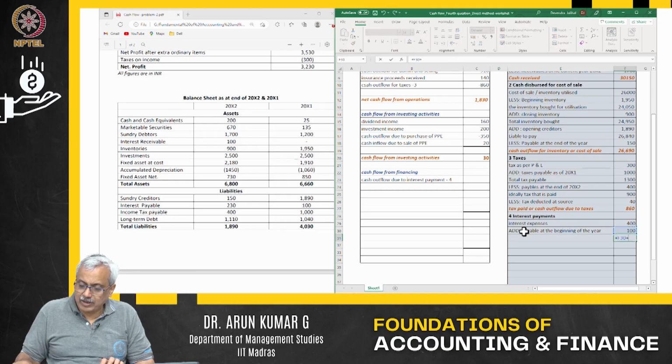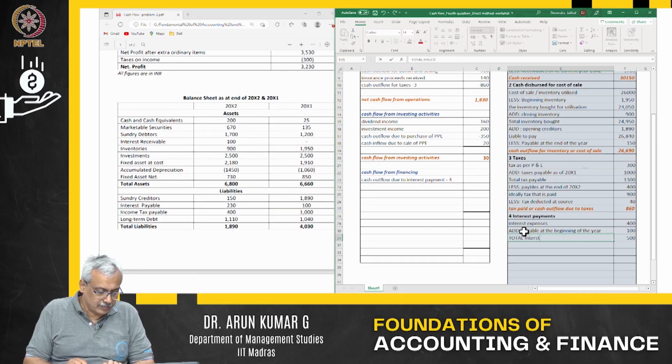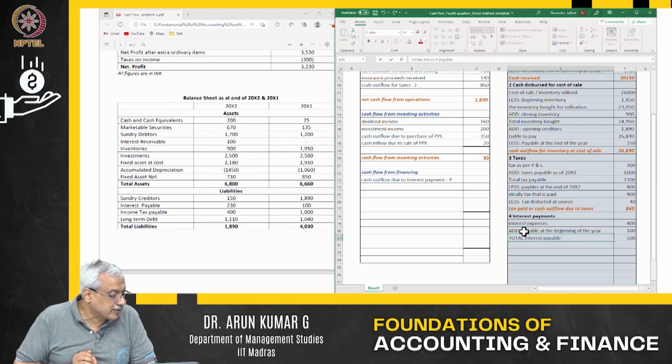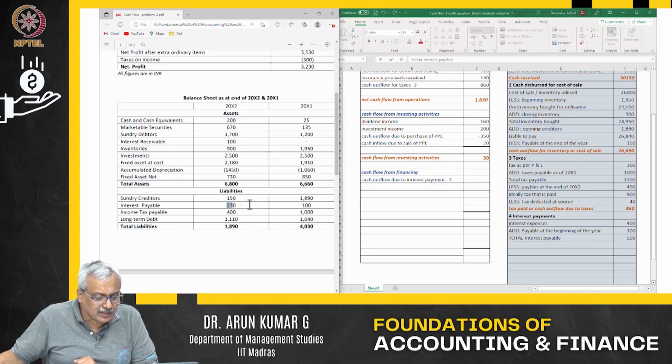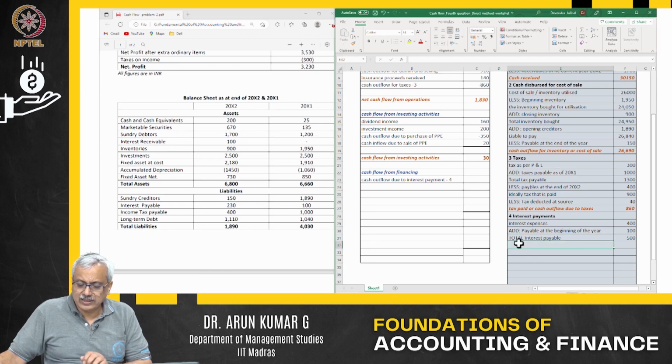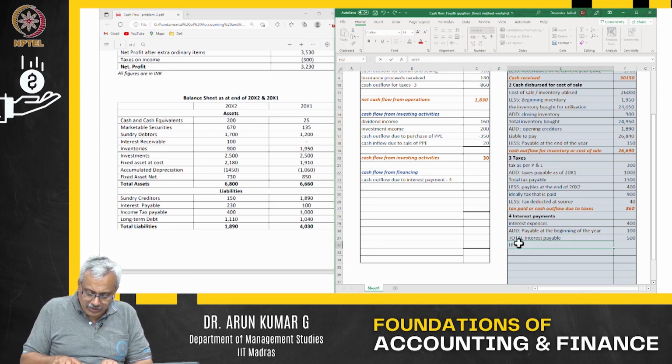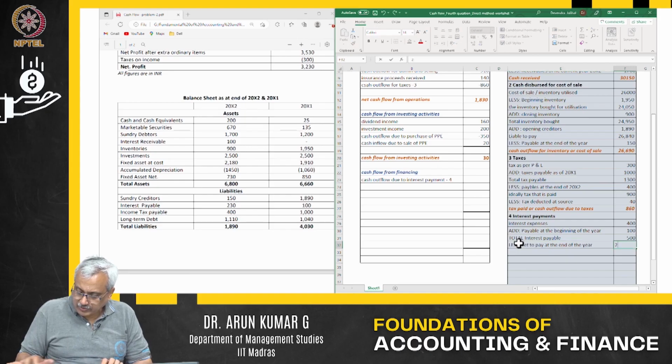The total interest payable is $500. But I see that I am yet to pay $230, so I will reduce that. Yet to pay at the end of the year is $230.